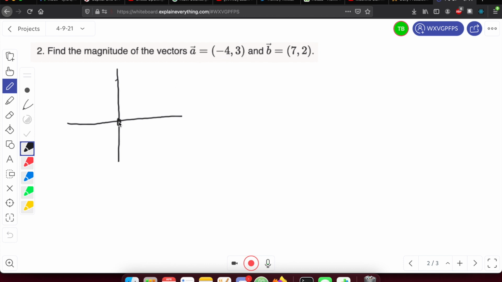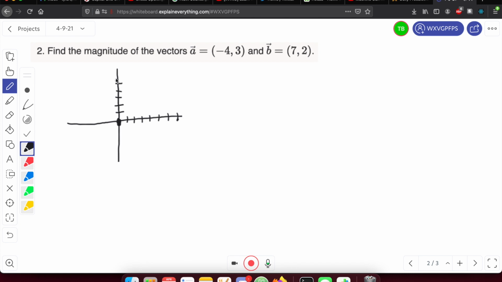So we have the origin here, right? And we're going to map out an x direction and a y direction, right? So we have 1, 2, 3, 4, 5, 6, 7. 7 to the right, in the positive x direction, and 1, 2 in the positive y direction.